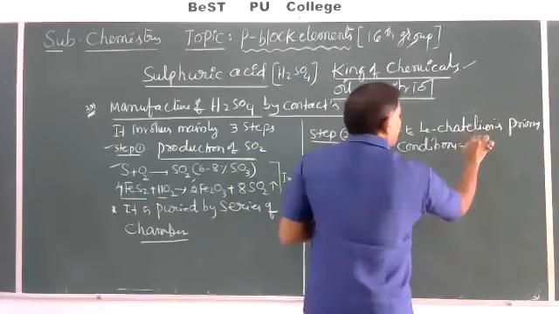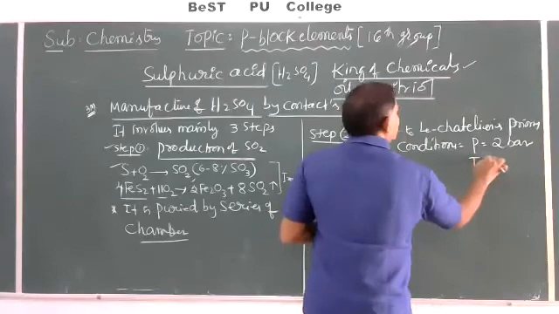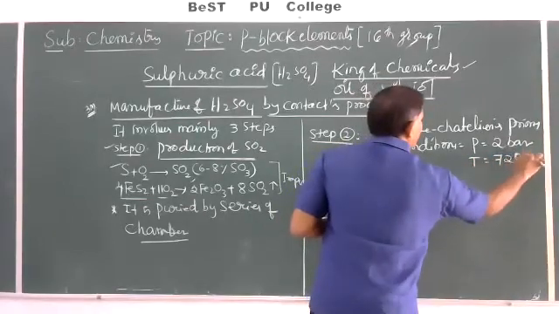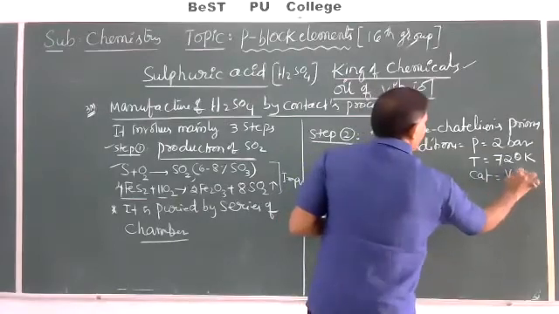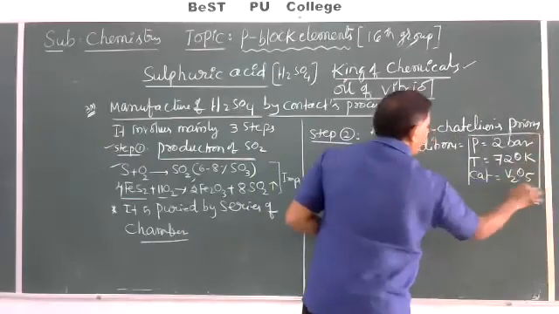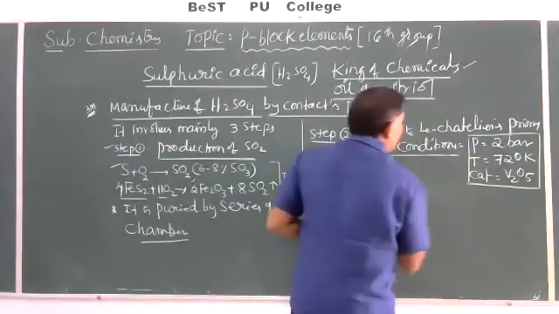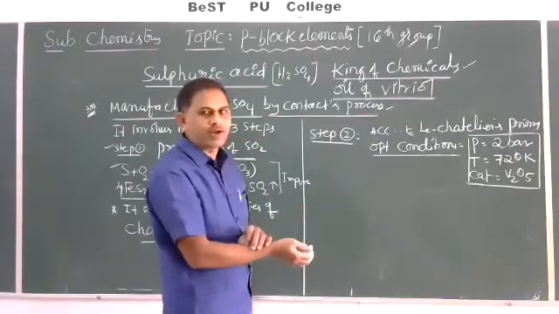Your optimum conditions: pressure is 2 bar and temperature is 720 kelvins, and the catalyst is vanadium pentoxide. These are some important optimum conditions to get a good yield of sulfur trioxide. By using that, we will get sulfuric acid.